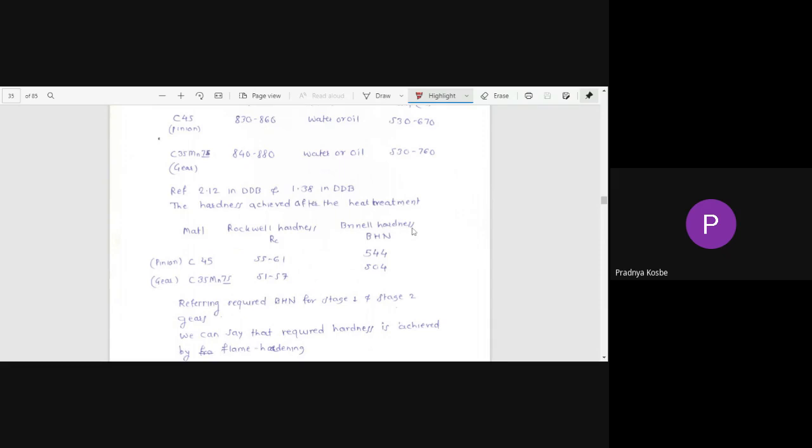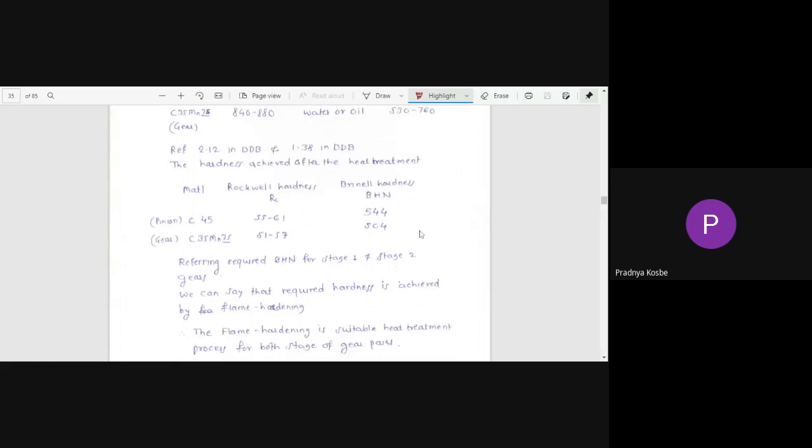Now again, from page number 2.12 of the design data book and 1.38 in the design data book, the hardness achieved after the heat treatment, Rockwell hardness and Brinell hardness, is given.